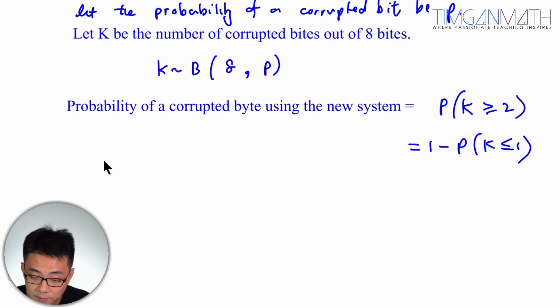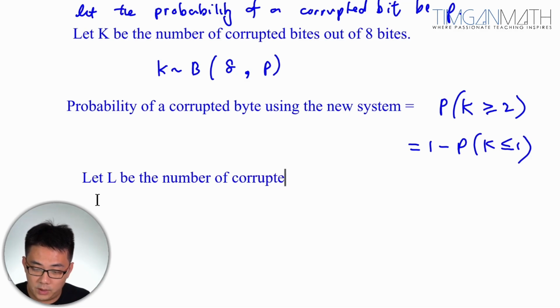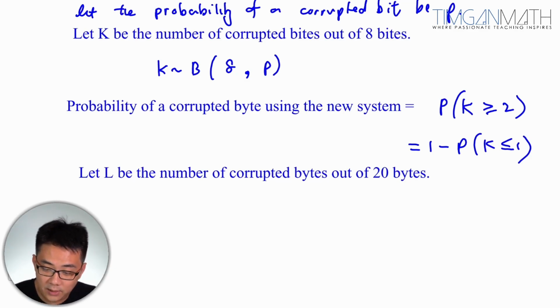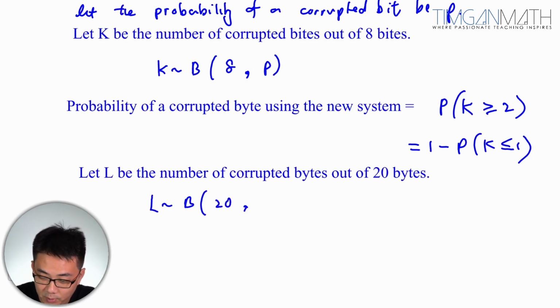So now let L be the number of corrupted bytes out of 20 bytes. Okay, this is the annoying part, because this is like inception, like you just keep convoluting, like just keep having more binomial within a binomial. So this will be 1 minus P(K less than or equal to 1).